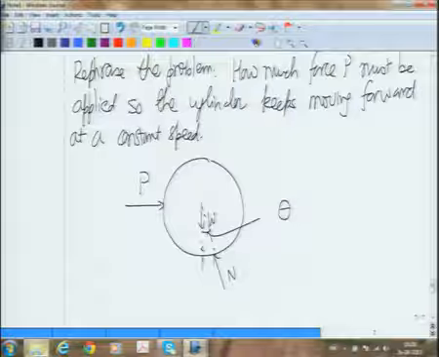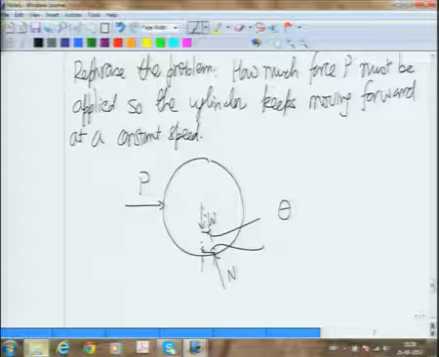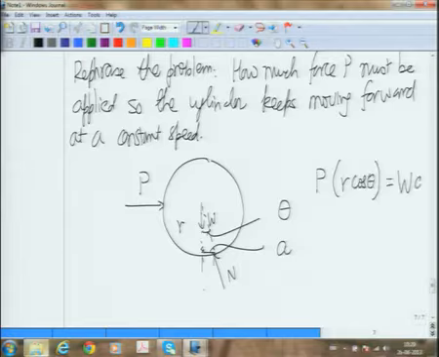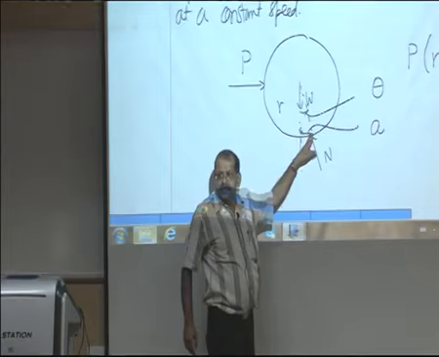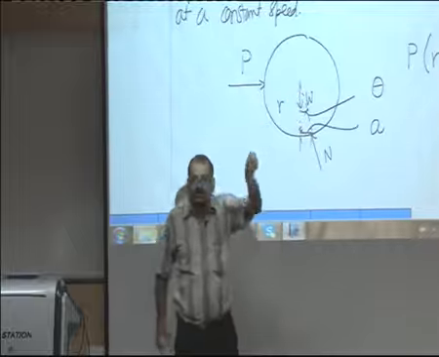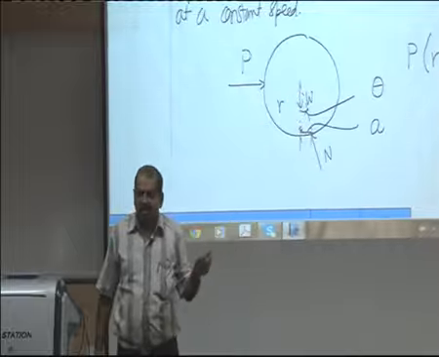If this horizontal distance is A, then if I take moments about this point, W multiplied by A must be equal to P multiplied by R cos theta.